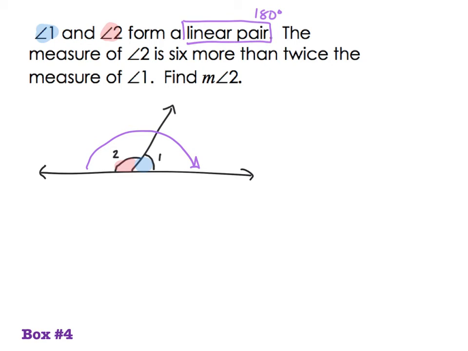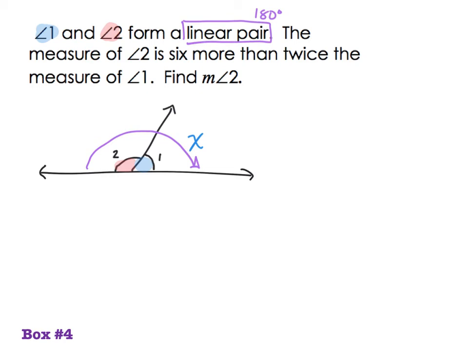Okay? Now, they don't tell us anything about angle 1. They talk about angle 2. So because they don't say anything about angle 1, we're going to call that angle x. Okay? Angle 2 though, they tell us that it's 6 more, so that's a plus 6, than twice the measure of angle 1.